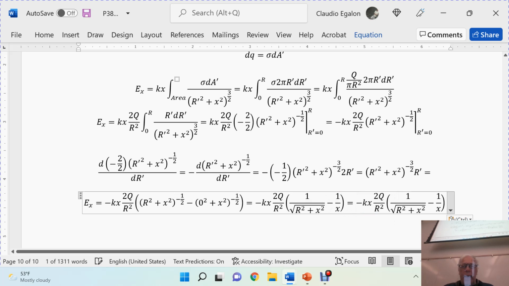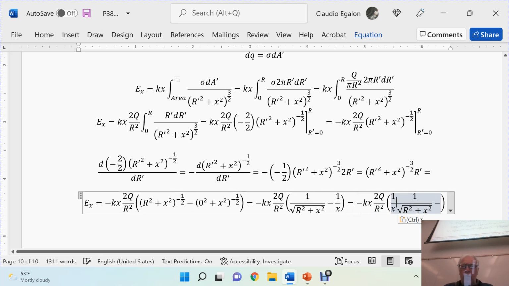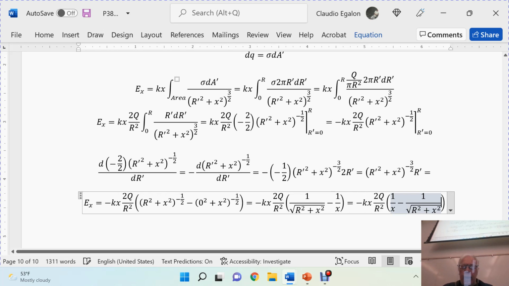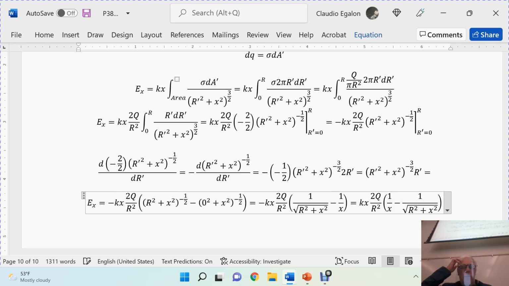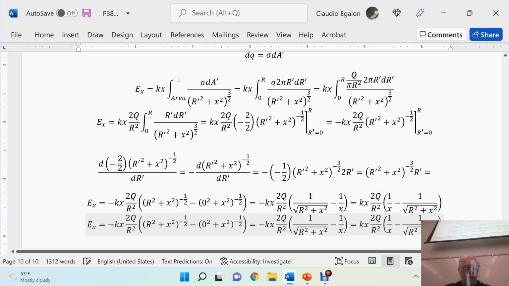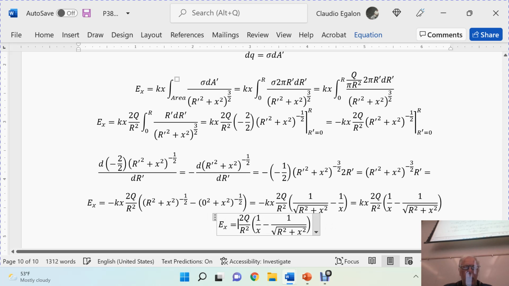So you can rewrite that just by switching the signs, and canceling the negative on the outside. Like that. So that's the electric field of the disk. Can I do anything else here to simplify? Doesn't look like it. I'll put this kx there upstairs.